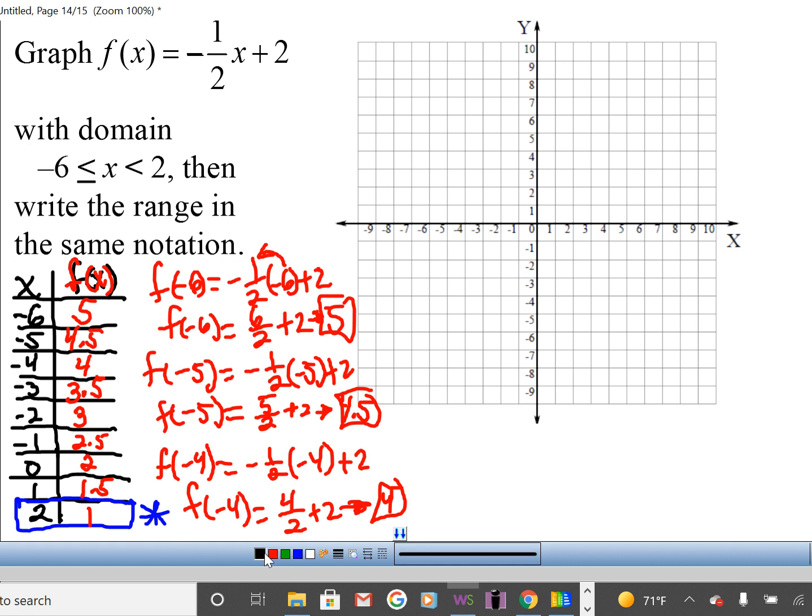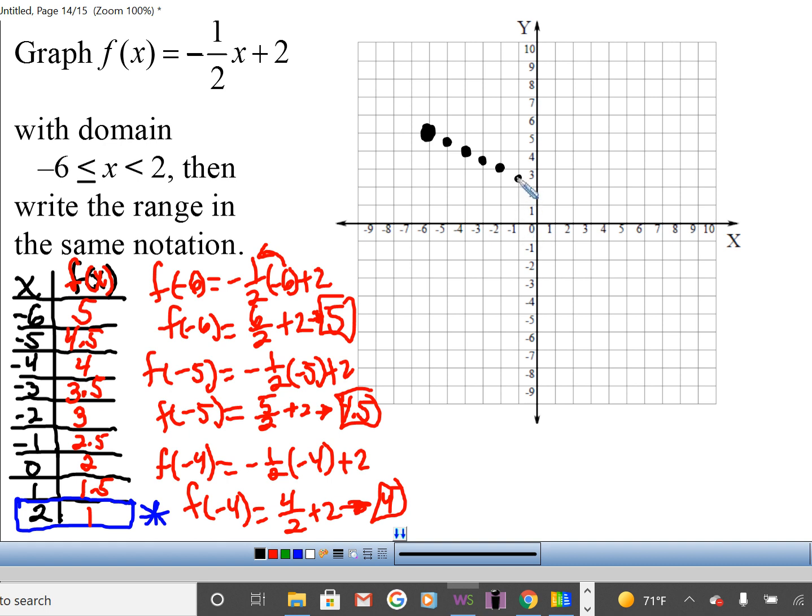Let's graph this really quick. So we have negative 6, 5, solid point, which is right there. Negative 5, 4.5, solid point. Negative 4, 4, solid point. Negative 3, 3.5. Negative 2, 3.